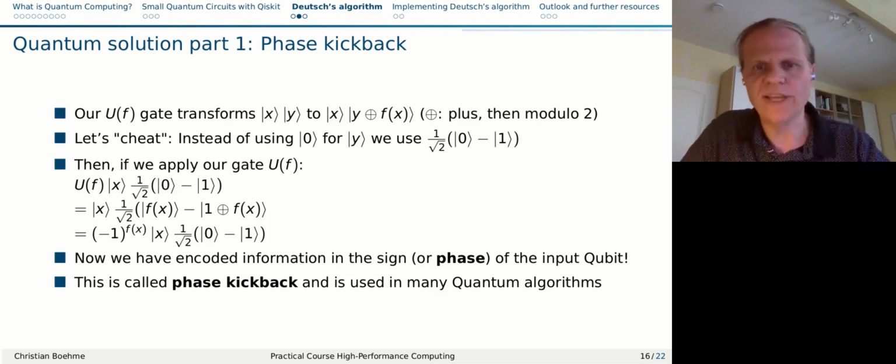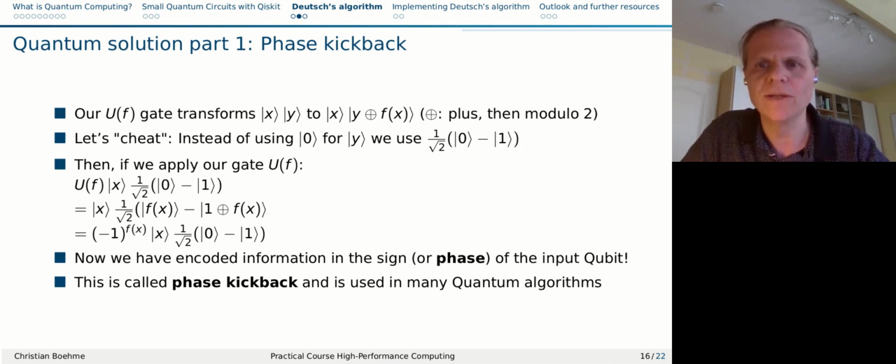Okay, when we apply the UF gate, x remains unchanged, of course, it's the input. But for y, for the Q1 qubit, where we want to store our output, we now get f of x if it's 0, right? So instead of the 0 state here, we can write f of x as state, minus 1 plus f of x. This is again this plus, modulo 2, because in that case, this modulo 2 becomes important, right?